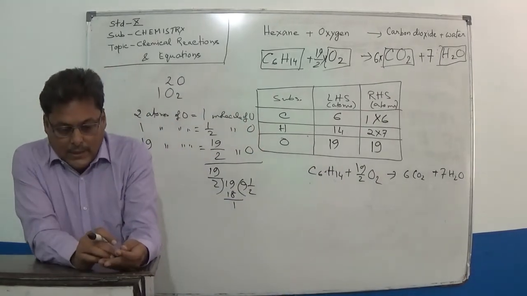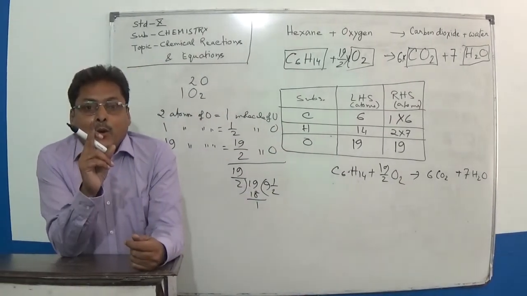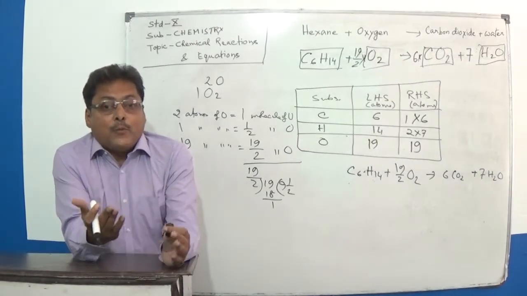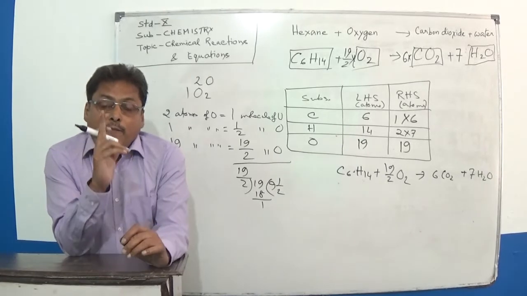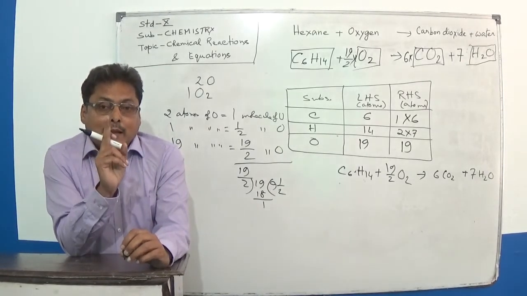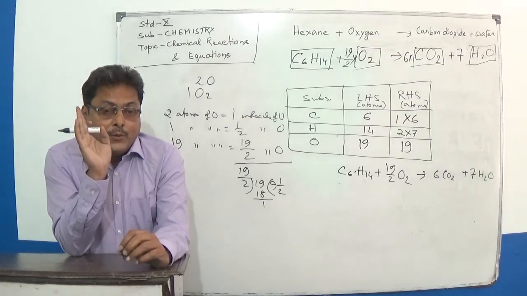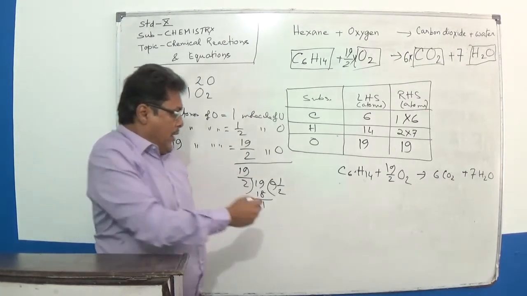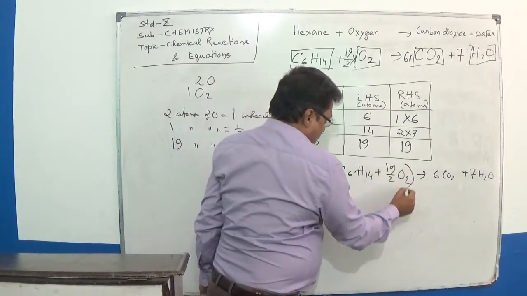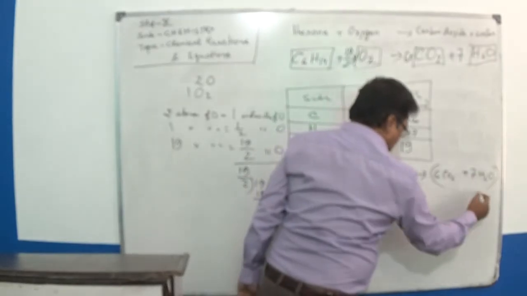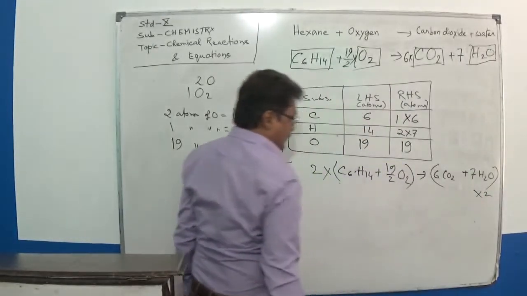But again the problem remains. We cannot have half a molecule. In fact, we have to have only positive integers in the final balanced equation. So what to do is very simple. We multiply both sides of the equation with 2.